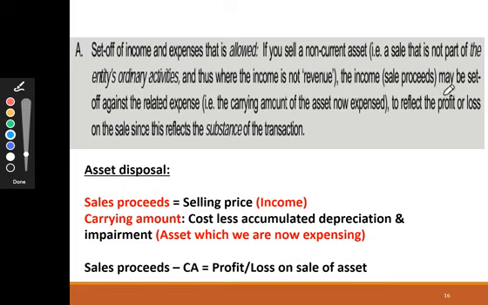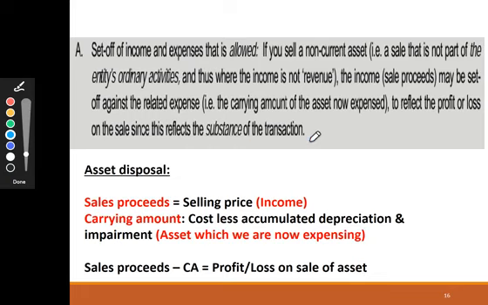The sales proceeds may be set off against a related expense. What would this expense be? This would be the carrying amount of the asset that we now expense. So if we take the sales proceeds and we subtract the carrying amount of our asset, this would give us our profit or loss on the sale of this asset, and that would reflect the substance of the transaction.